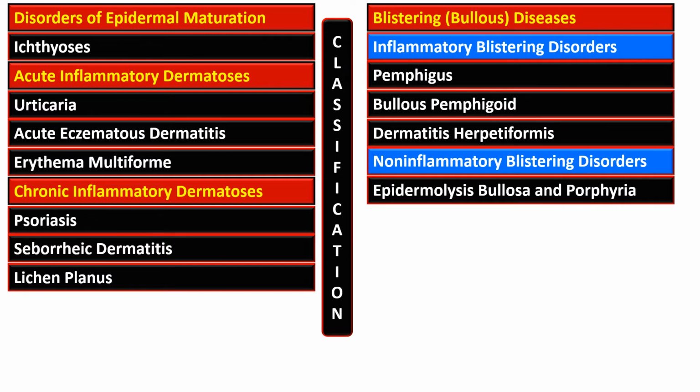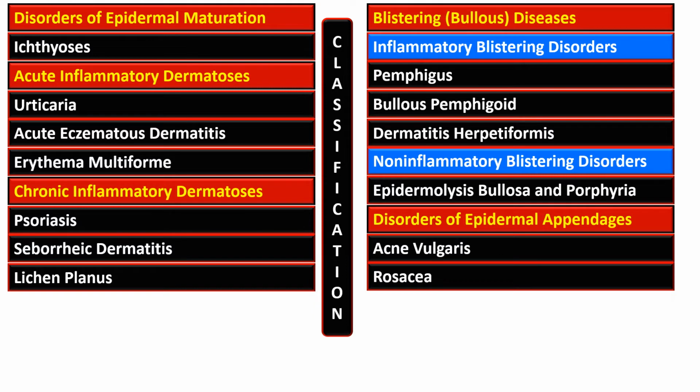The bullous or blistering diseases of the skin can be divided into two groups: inflammatory blistering disorders that include pemphigus, bullous pemphigoid, and dermatitis herpetiformis, and non-inflammatory blistering disorders that include epidermolysis bullosa and porphyria.